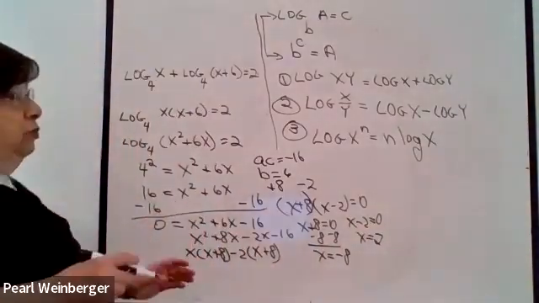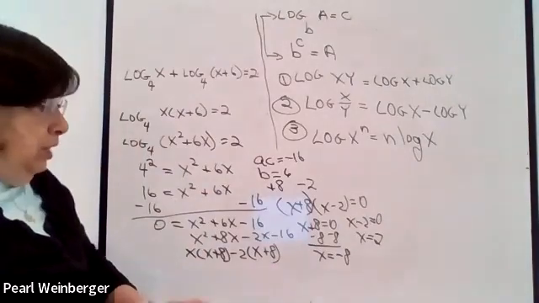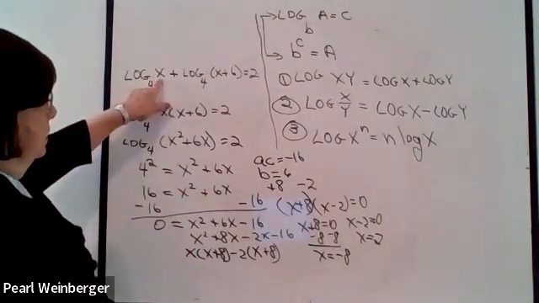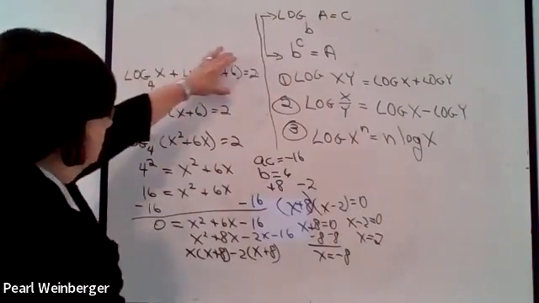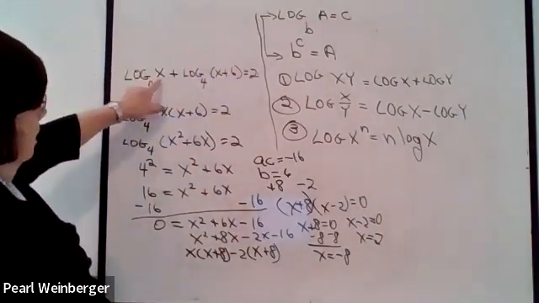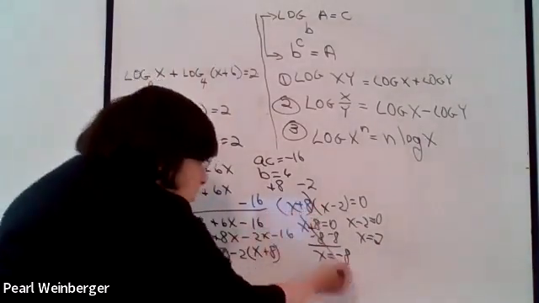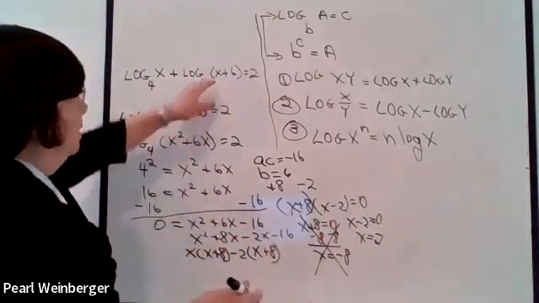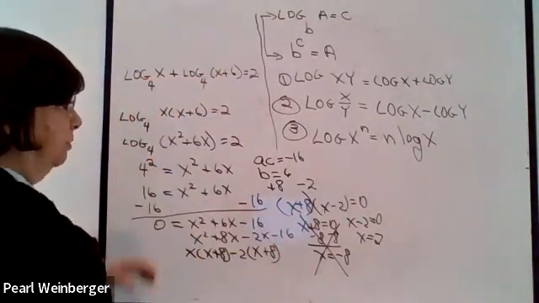Again, I can't assume both answers are correct, so I check. Notice when I use negative 8, I don't have to go further than here. I have to always go back to that original equation. And when x is negative 8, I'm taking the log of a negative number, no good. It doesn't matter what happens in the second. As soon as this is negative, out it goes.